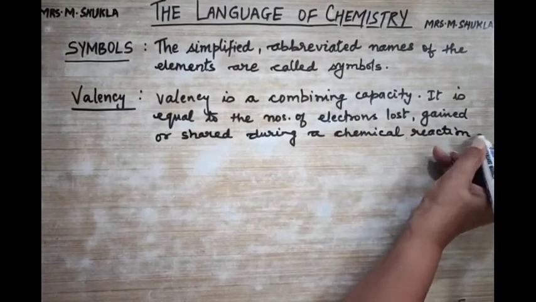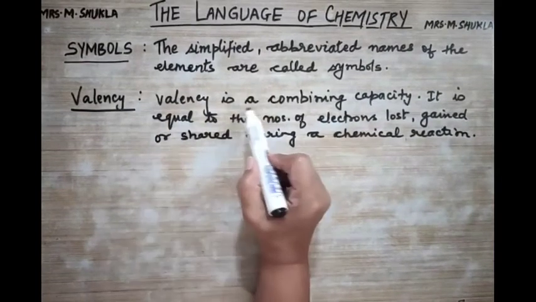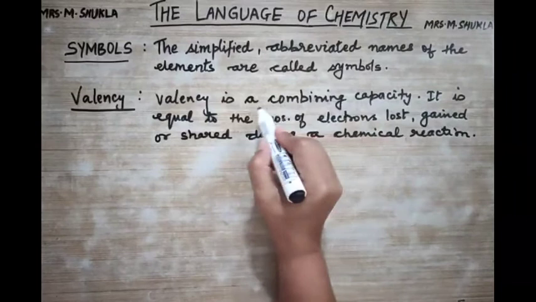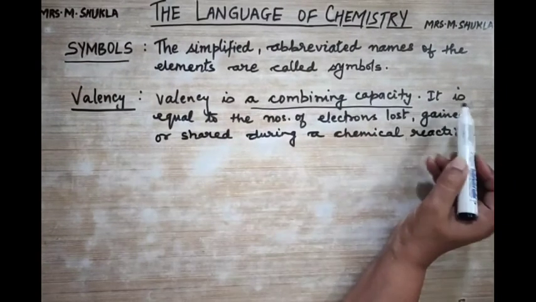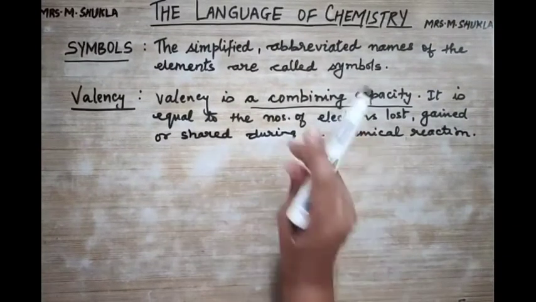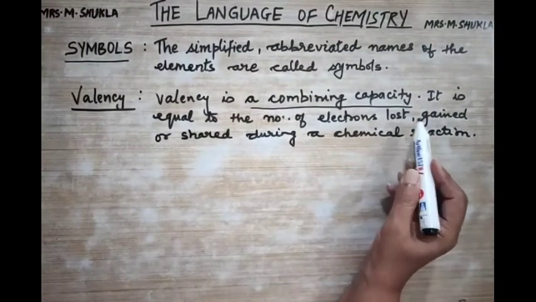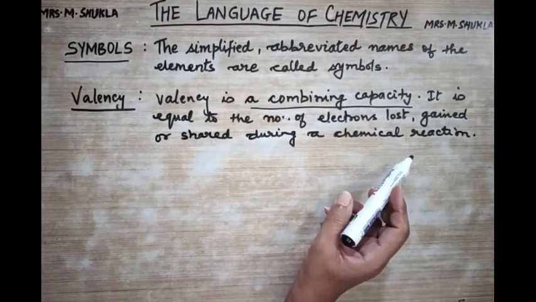I repeat the definition of valency. Valency is a combining capacity. First, very important. Second point about it, it is equal to the number of electrons lost, gained or shared during a chemical reaction.